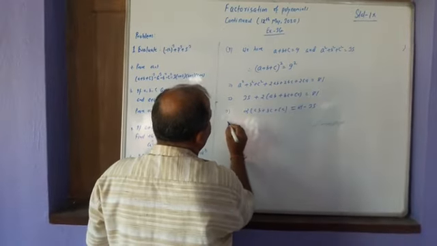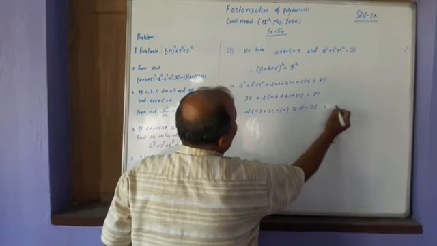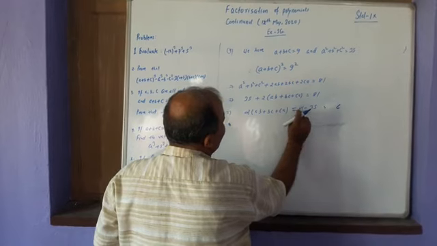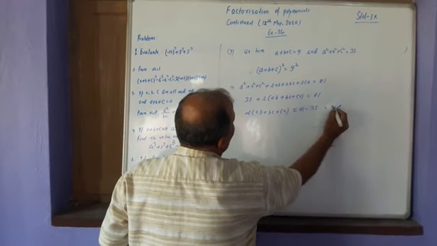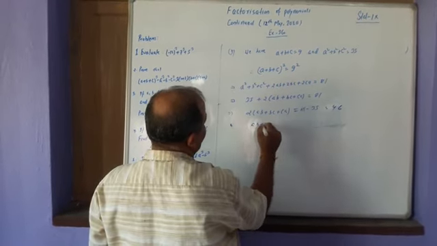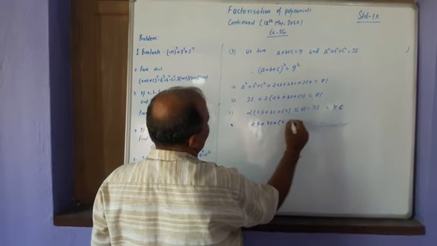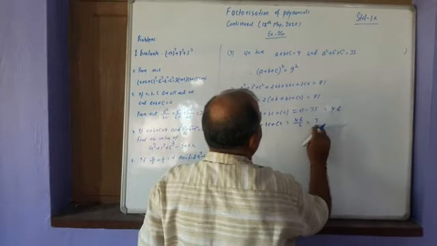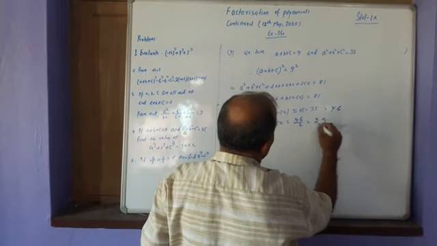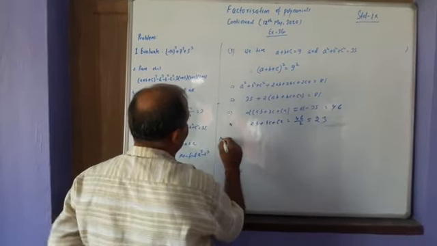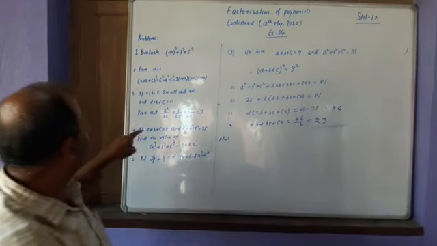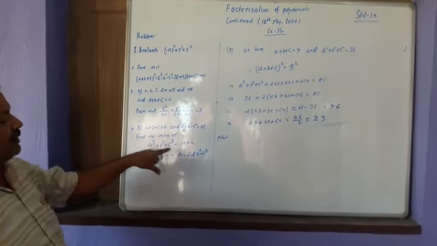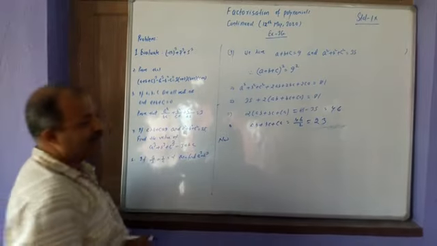This will give 11 minus 5, 6 and 7 minus 3, 4. This will give AB plus BC plus CA is equal to 46 by 2, that is 23.